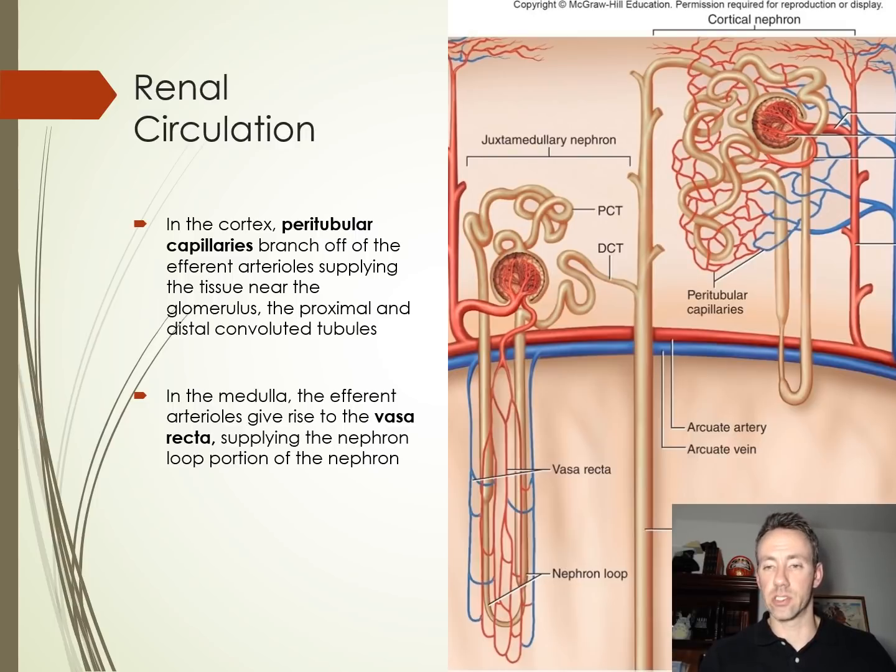So I like this cartoon because what it's showing you here is that ultimately at the corpuscle, we have two nephrons you can see here and one collecting duct. So these two nephrons are sharing this collecting duct here. So here you can see the corpuscle, over here you can see the corpuscle. They can be located very close to the medulla, so that's why they call it juxtamedullary nephron, or it can be located further up into the cortex, so a cortical nephron.